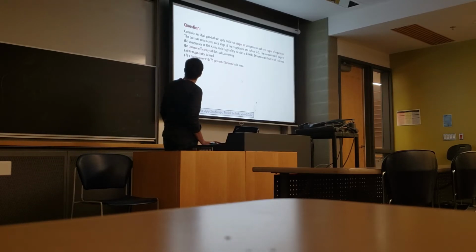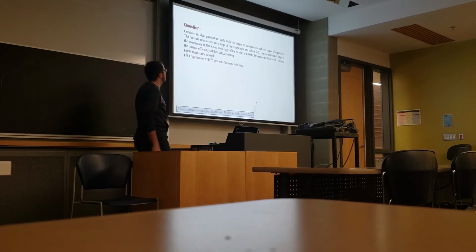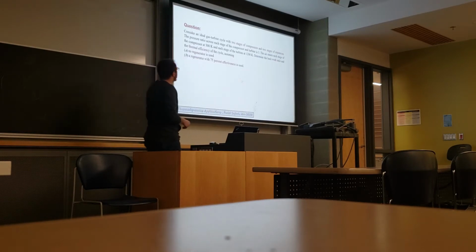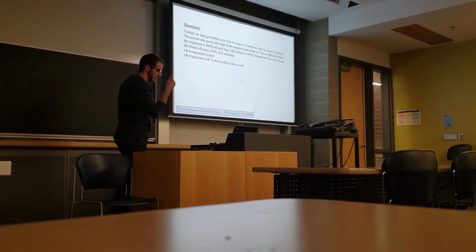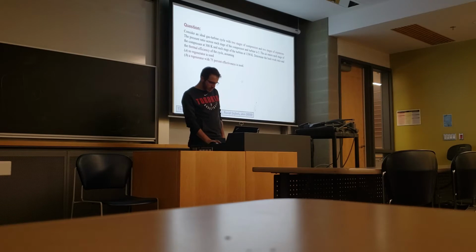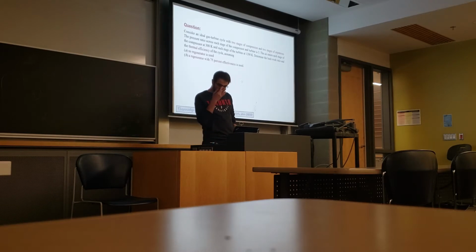The question, as you see, is in the thermodynamics textbook, I think ninth chapter, question 108. It is posted on Blackboard, so you can access this and also the solution. Consider an ideal gas turbine cycle with two stages of compression and two stages of expansion.